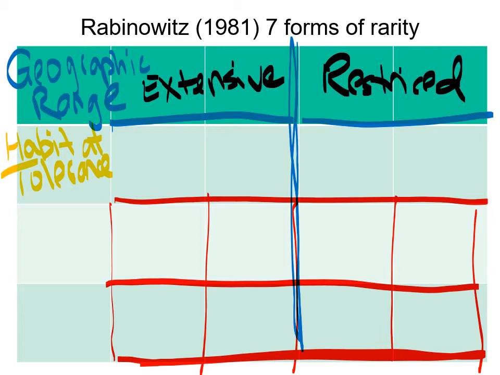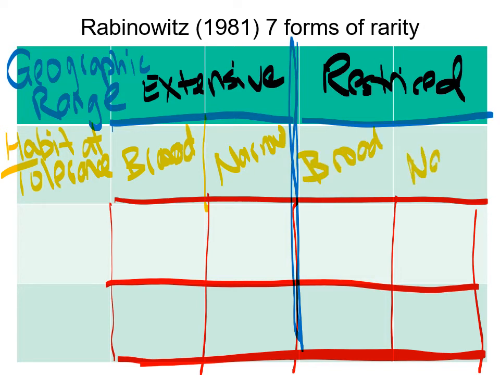So each one of these sides ends up being divided into 2 tolerance boxes. We've got broad, and narrow tolerance. And here, broad and narrow tolerance.